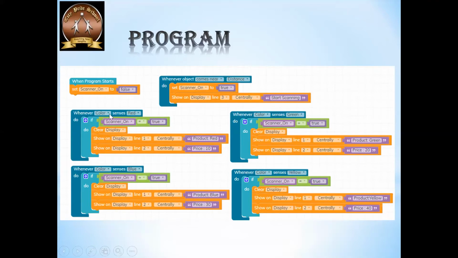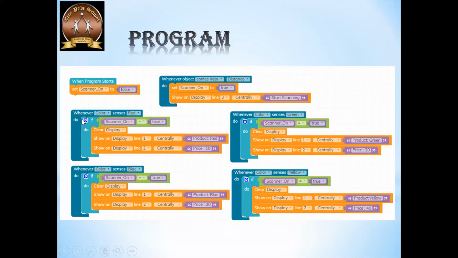When the color sensed is red and the condition is that the scanner is on, only then it will display the product color and the product price. So when the product is red, the price is 10 rupees. When the product is green, the price is 20 rupees. Everywhere, in all four loops for red, green, yellow and blue, we have to put this condition: if scanner is on, then show on display line 1 the product color, show on display line 2 the product price.